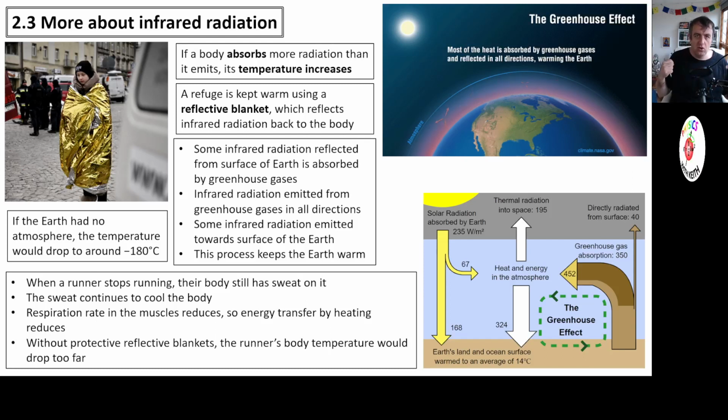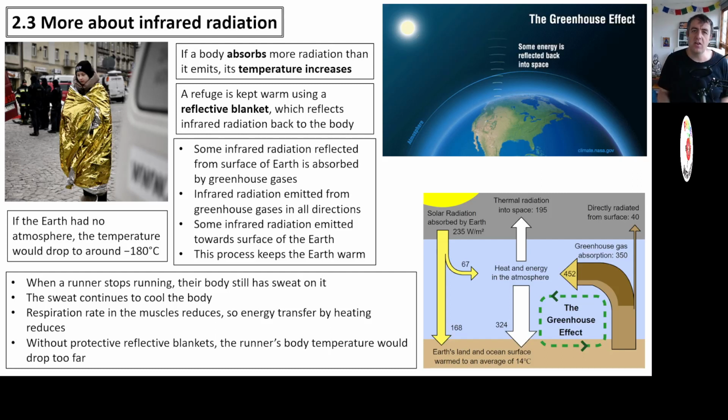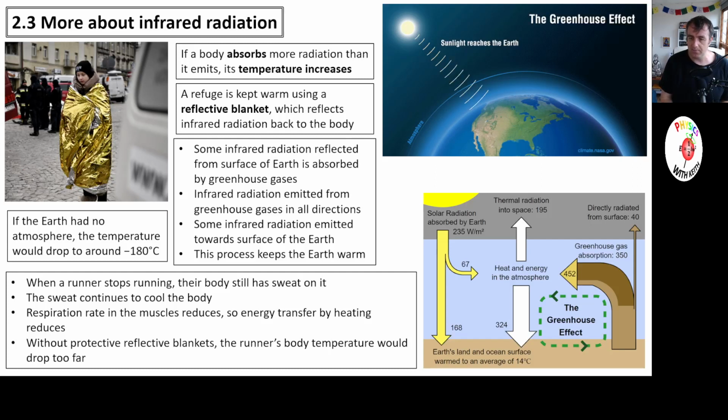So to keep us cool while we're running, otherwise our temperature would increase and increase and increase because we're transferring energy into the thermal energy stores of our muscles while we're running. So the sweating is to try to dissipate that energy as much as we can so that we maintain homeostasis, maintain our same body temperature.